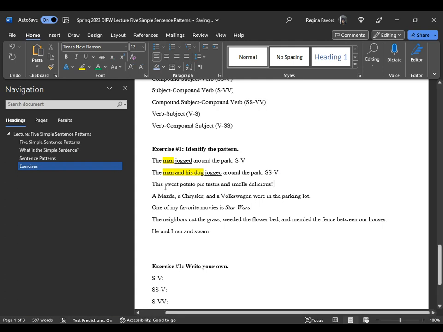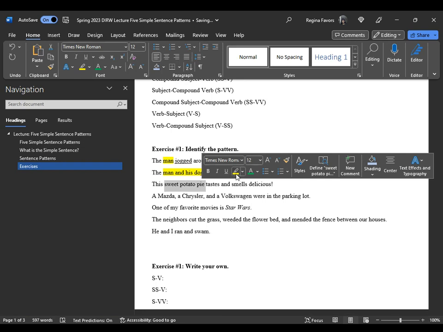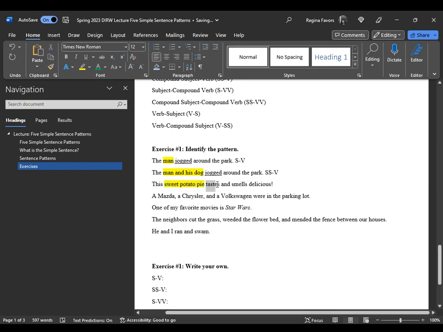This sweet potato pie, so we have a subject here, sweet potato pie, the whole thing, tastes and smells delicious. So we have one subject and then a compound verb. Okay.